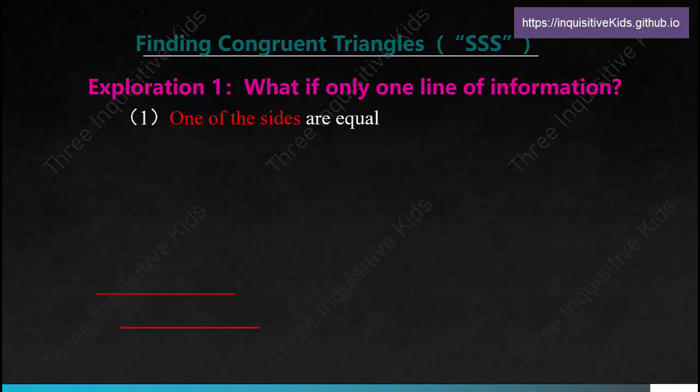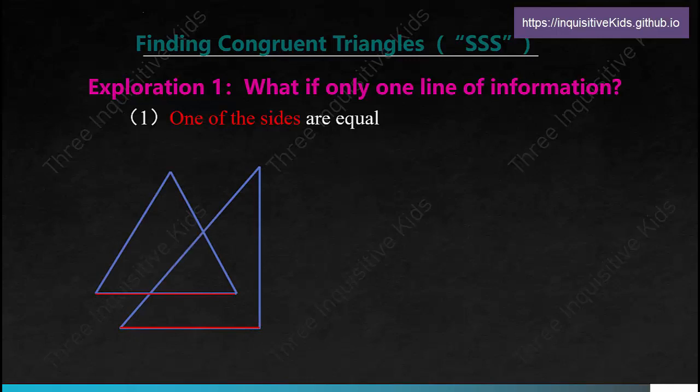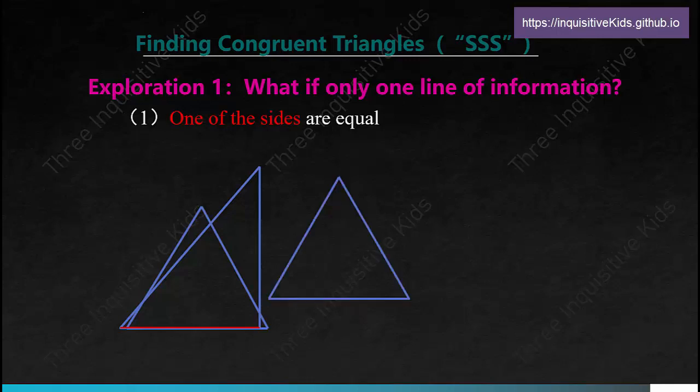So here we have two triangles with one of the sides equal. But as you can see, that does not guarantee that the rest of the parts of the triangles are going to be equal if only one of the sides is equal. And when they overlap, they are not congruent.